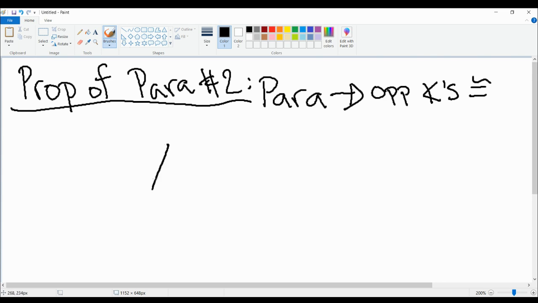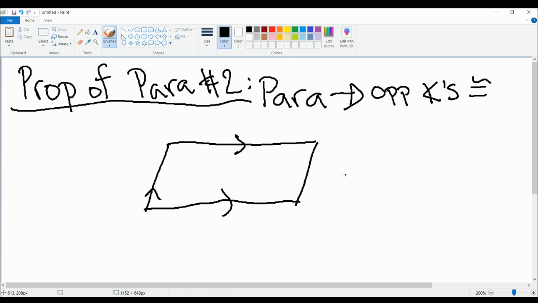Let me just draw that real quick. Parallel sides. So what this would be saying is that this would be congruent to this, and this would be congruent to this. Now note, this angle will not be congruent to this angle. These are not opposite.